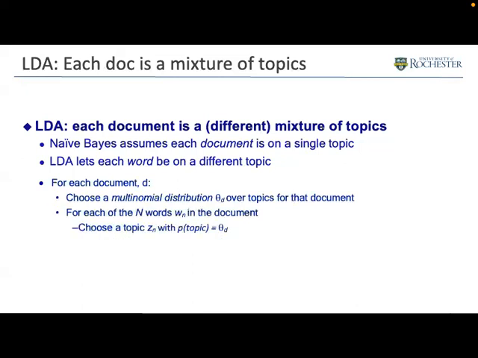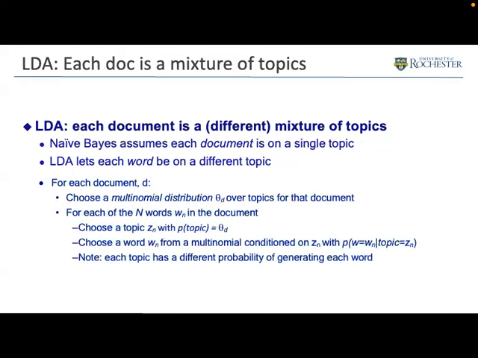Now what we do is, for each single document, we first choose a multinomial distribution theta_d over the topics for the current document. Then for each word within this document, we choose a topic Z_n that represents the topic for the current word, according to the topic probability for the whole document.